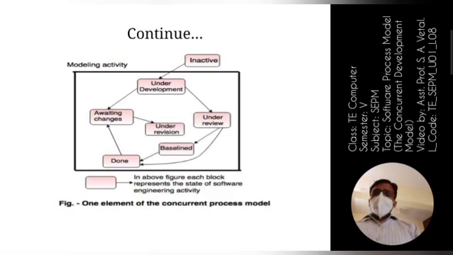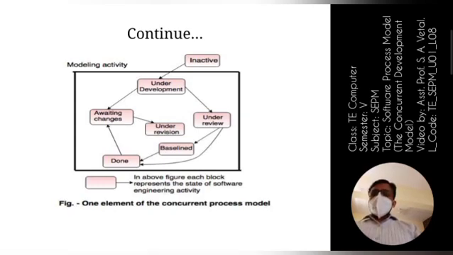At that time, when it goes to the under development state, it can go to the awaiting changes state if the changes told by the customer to the developer have not yet been made. Then it can also go to the second state, that is the under review state. So the under development state can transform to the awaiting changes state or the under review state.